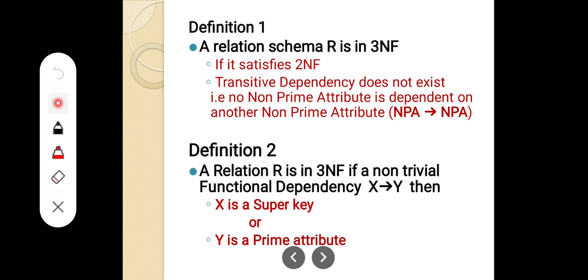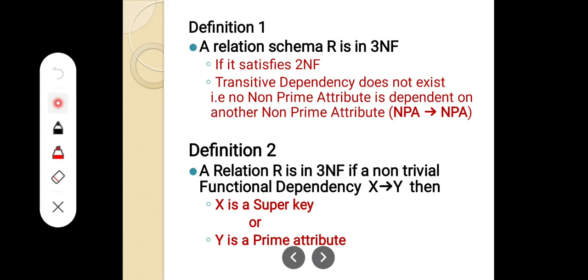This 3NF can also be defined using the second definition. Definition 2 states that a relation R is in 3NF if, for every non-trivial functional dependency X determines Y, X must be a super key or Y is a prime attribute.